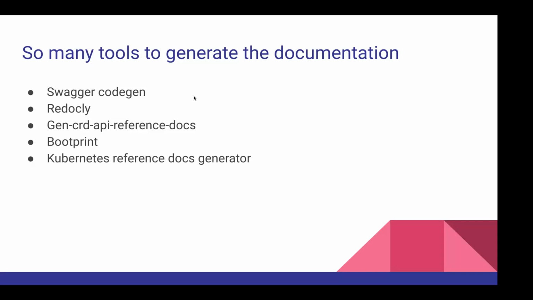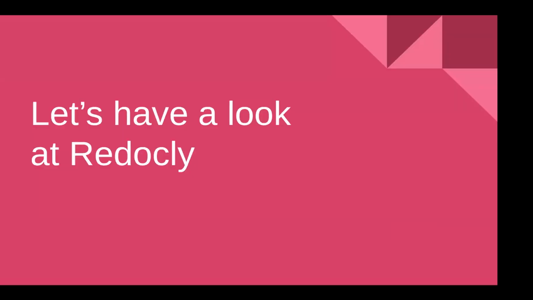So we have many tools to generate the documentation, like Swagger, CodeGen, Redocly, and the GenCID API reference docs, another open source tool, and Bootprint and Kubernetes reference docs generator. So a lot of tools there. Let's have a look at Redocly.